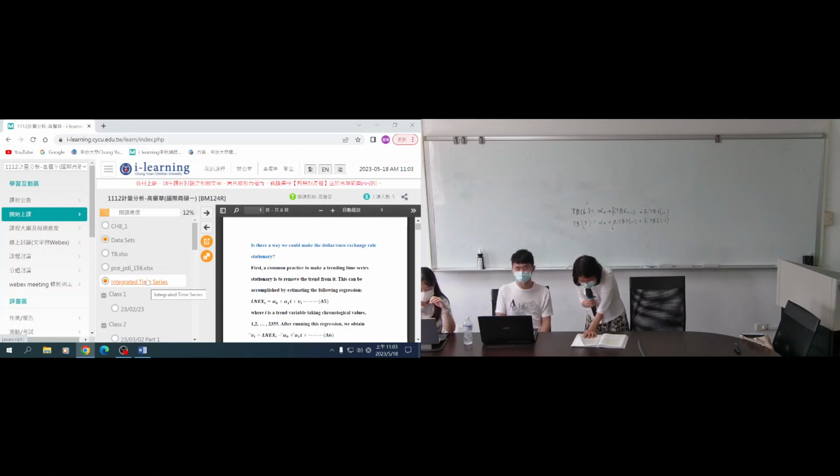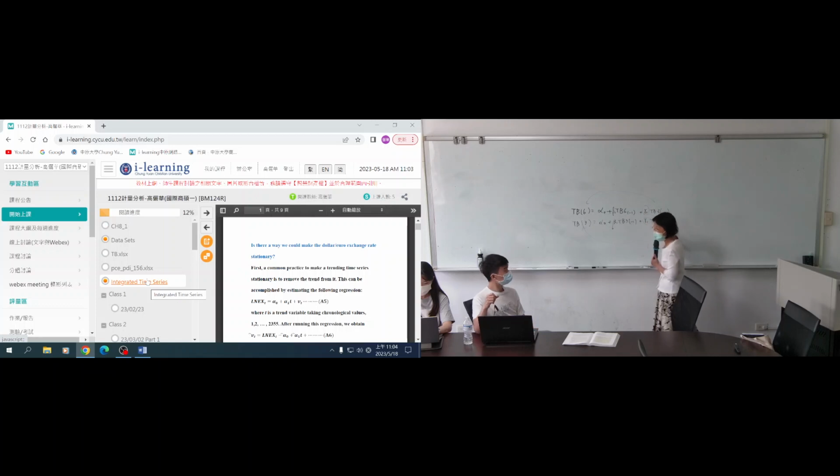Yes. Then test the null hypothesis that the coefficients of lag A, the whole bunch of A, are zero. If I want to check the whole bunch of coefficients of A, I should use the F test. But now you're only using one lag.